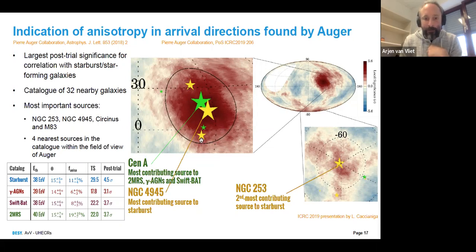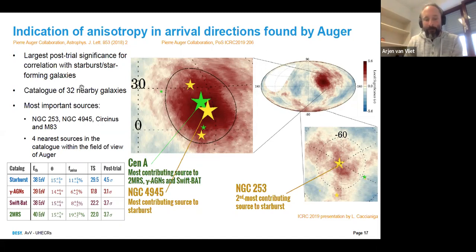But there are also these three yellow stars here, which are NGC 4945, this is Circinus, and this is M83, which are three different starburst galaxies or star-forming galaxies in this part of the sky. And then there is one other star-forming galaxy, NGC 253, right here in the south, which is also in the middle of this hotspot in the south.